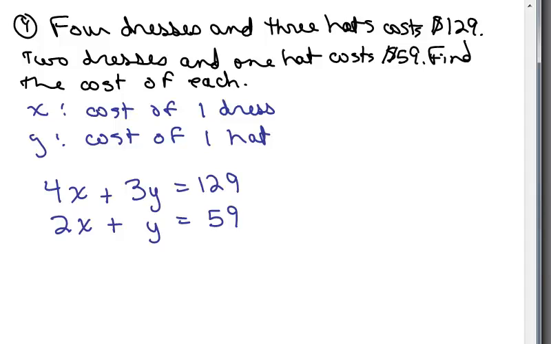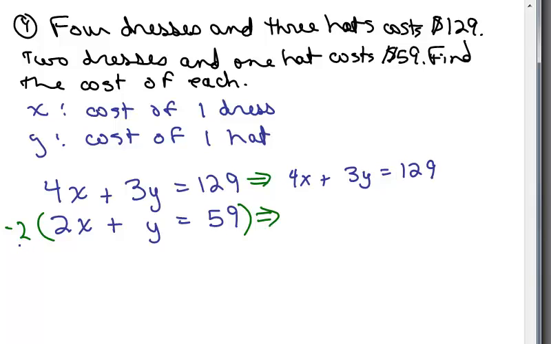I think I'm going to use the addition method by multiplying the bottom equation by negative 2. That way I'll have a negative 4x and a positive 4x, okay? Now, there are many ways to solve this. I'm just showing you one method. So 4x plus 3y equals 129.